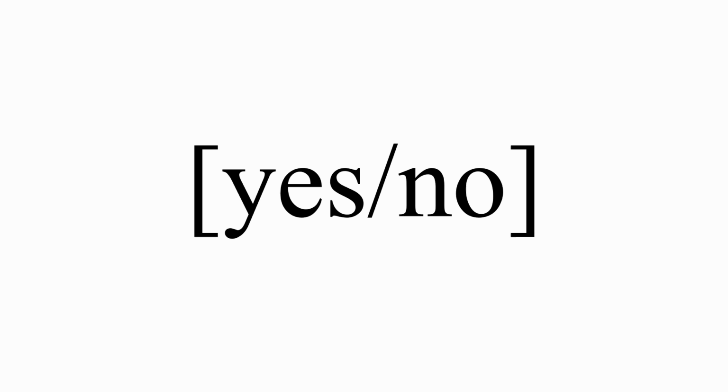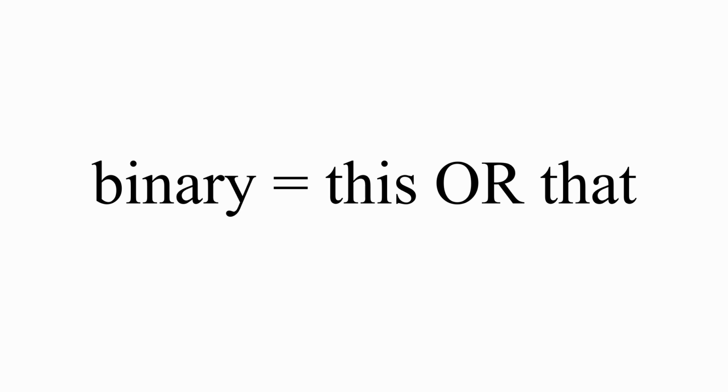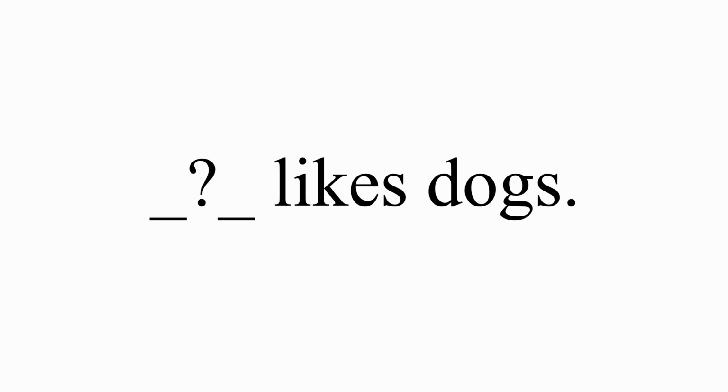A yes or no question is not a statement. It's a pure question. Yes, no, true, false, positive, negative, exist, does not exist. It's very binary, okay? We're trying to find the truth of something. But a WH question is fundamentally different. So if I say, Tom likes dogs. What if I don't know who likes dogs? I say, who likes dogs? I already know that someone likes dogs.